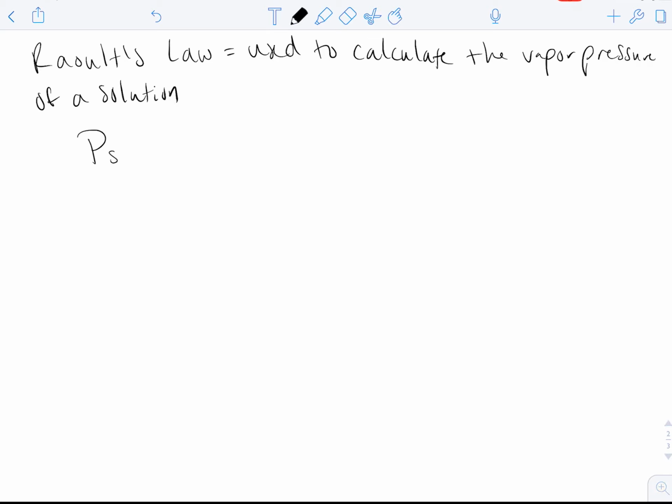Our P of solution is equal to the P naught of the solvent times chi of the solvent. So our P of solution is the vapor pressure of our solution.